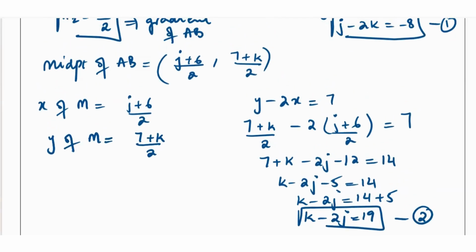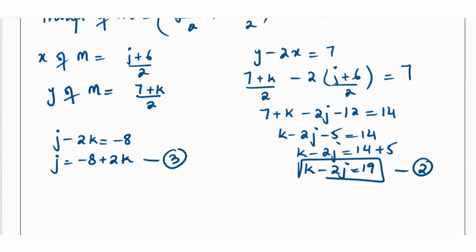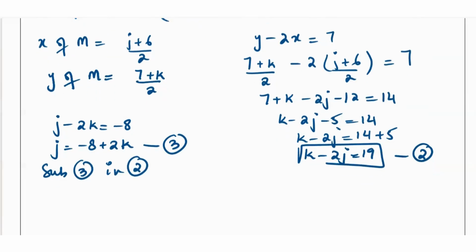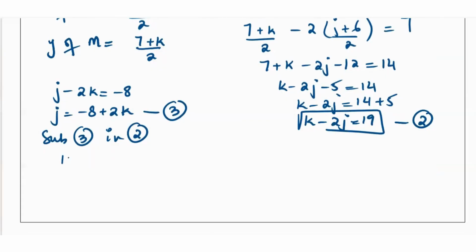So first equation is J minus 2K equals negative 8. So you can make J the subject, and negative 8 plus 2K can be substituted in the third equation. So sub 3 in 2. So that's K minus 2 times (negative 8 plus 2K) equals 19.